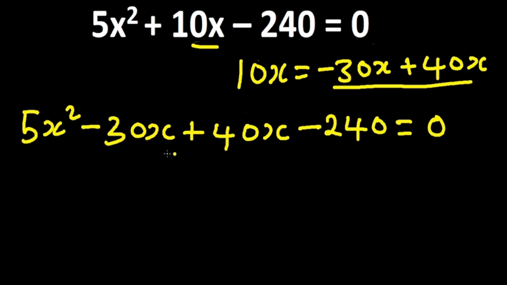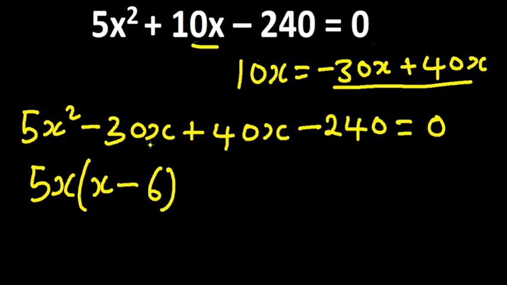So now let's factorize it. First, we're going to factorize these two terms separately, and also this one separately. So let's do that. The greatest common factor between 5x squared and 30x is 5x, because if you multiply 5x by x, you're going to get 5x squared, and if you multiply 5x by 6, you're going to get 30x.